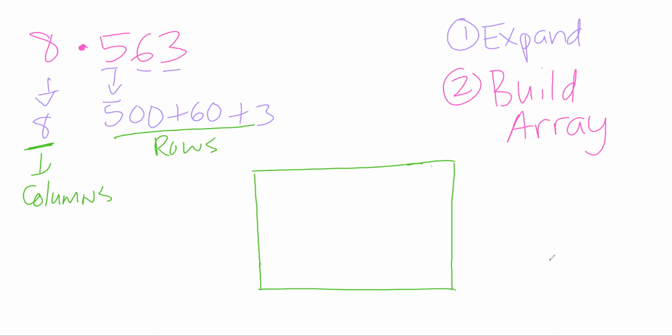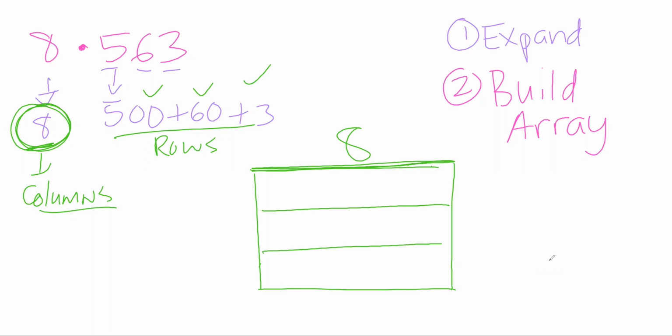So if I think about that with columns, I have one number. So I have one column. So that's this whole thing up here. And then let's look at our rows. We have 1, 2, 3. So I have to make 3 rows. And one row is called 500, right? That's this number here. And the next row is 60. And the third row is 3.